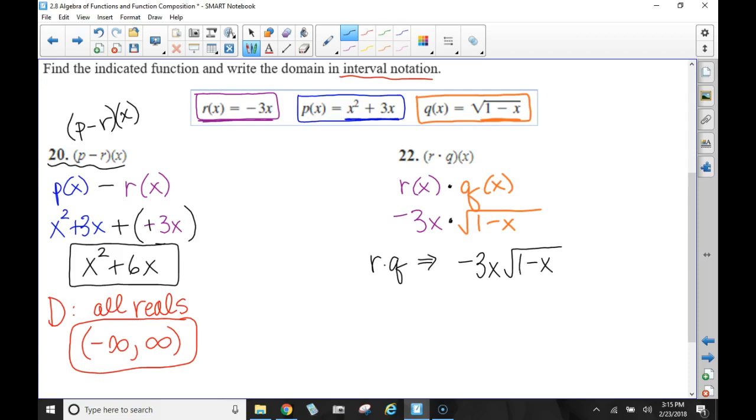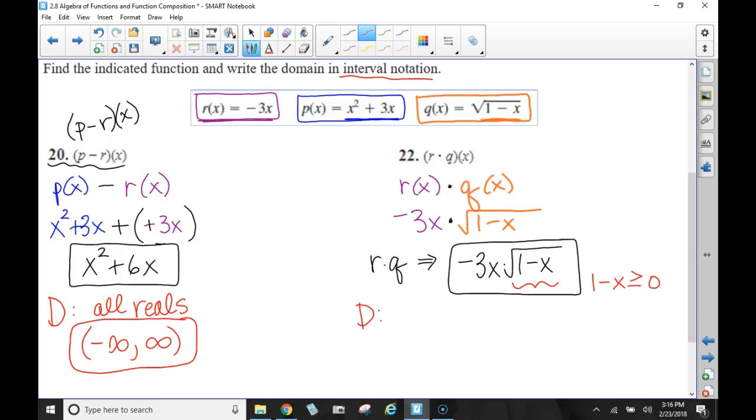The operation in between this x and the radical is understood to be times when we write it like that. So there is our newly created function, R times Q. And now what we need to do is determine the domain. Okay? On this one, for domain, we're going to have to exclude values of x that will give us a negative quantity under that radical. In other words, we want to ensure that 1 minus x stays greater than or equal to 0.